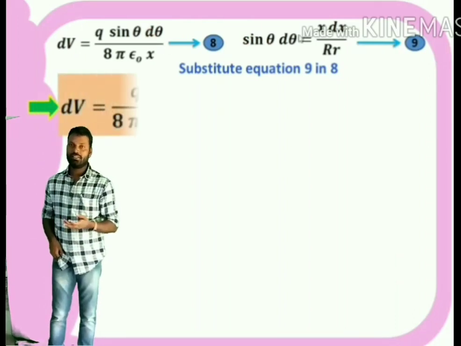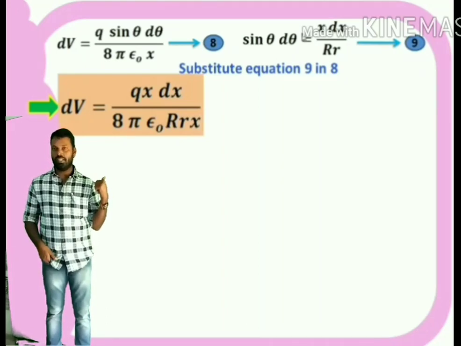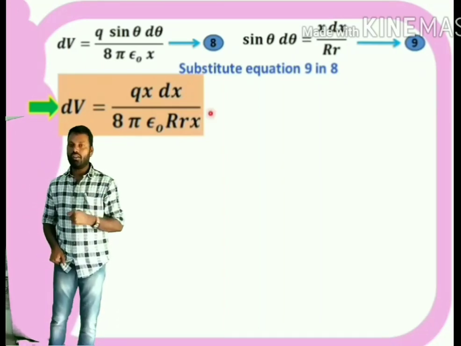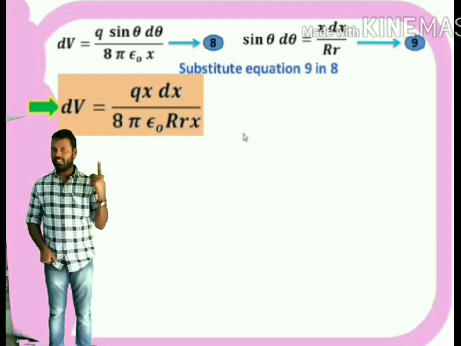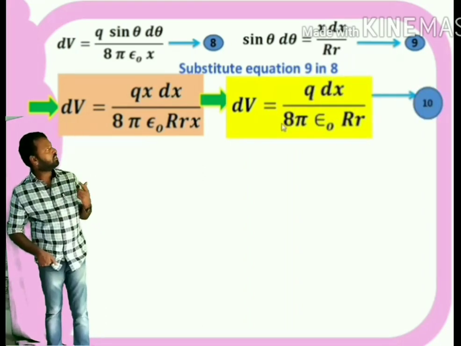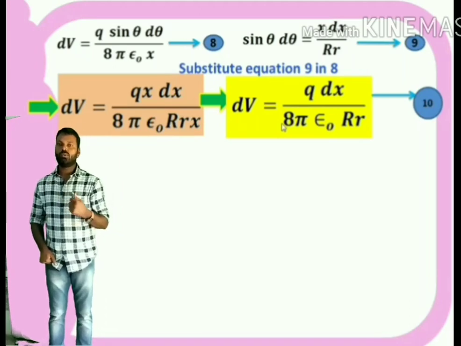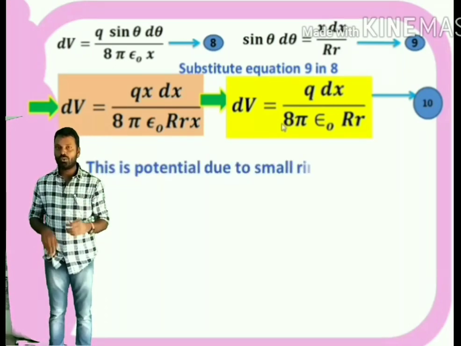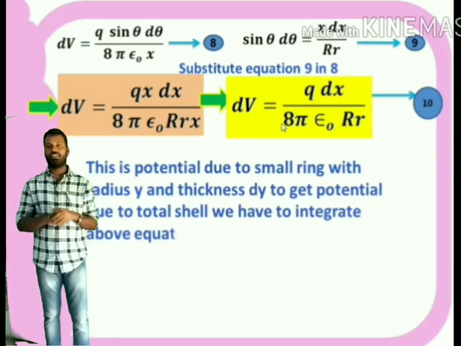What will I get? dV is equal to q x dx by 8 pi epsilon naught Rr into x. The x gets cancelled, then dV is equal to q dx by 8 pi epsilon naught Rr. Now this is the potential due to a small ring of radius r and thickness dy.